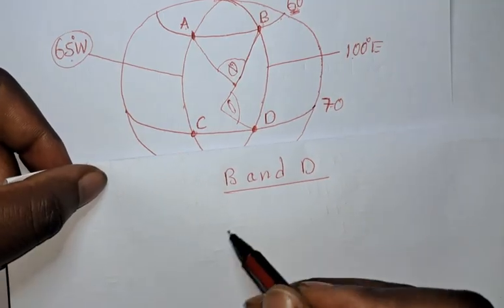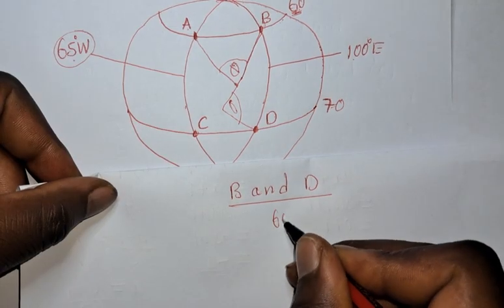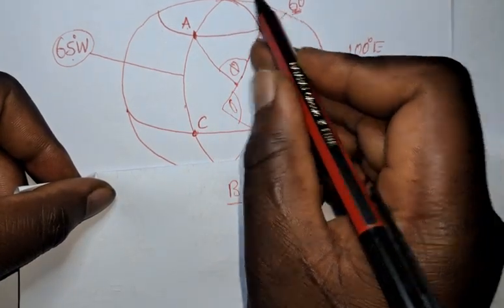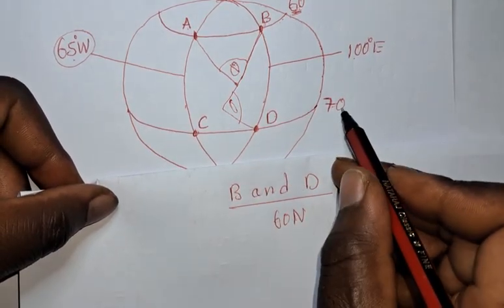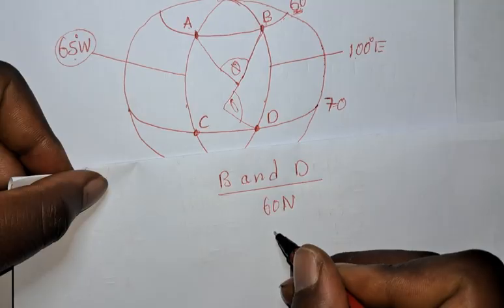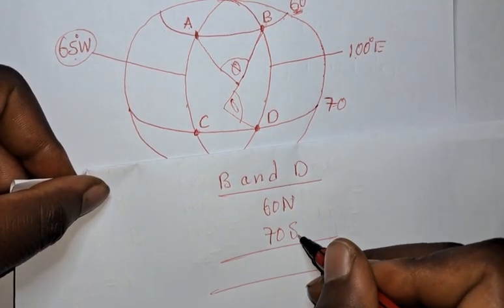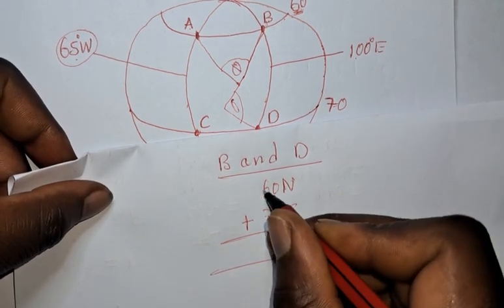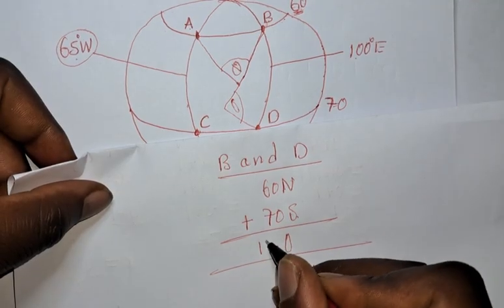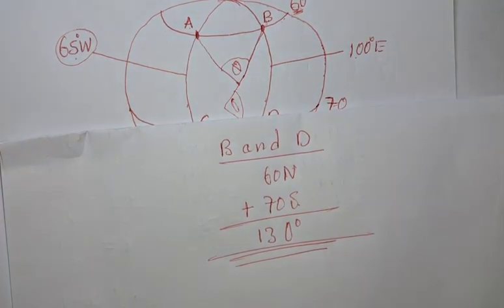We pick 60 degrees north, because it is near the north part of the world, and we have 70 degrees south. Having different directions, remember you need to add: 0 plus 0, and this is going to be 130 degrees. This is how best you can go about finding the angle difference between B and D.